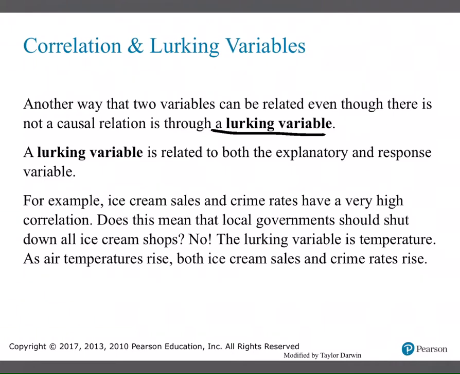Does this mean that the local government should shut down all the ice cream shops? No, because we know that most likely one isn't causing the other. The reason they have such a high correlation is because they both go up because of the temperature. As the temperature rises, ice cream sales and crime rates rise. So the lurking variable in that situation would have been temperature.